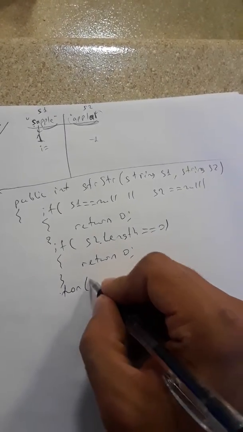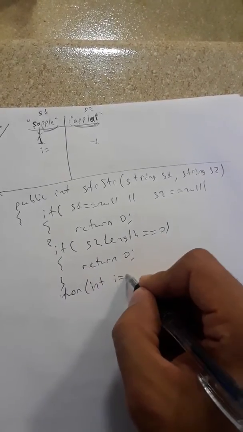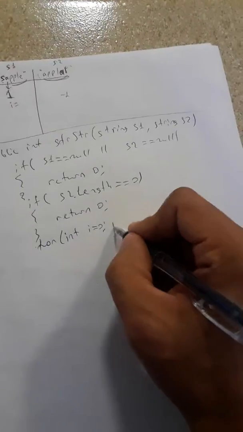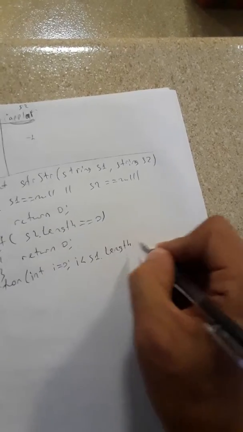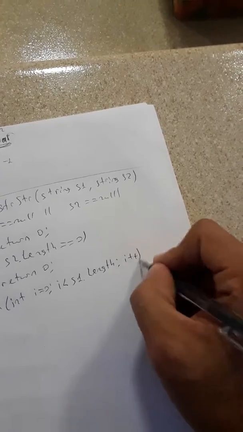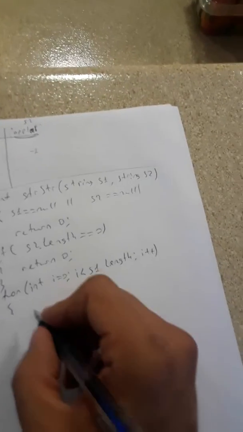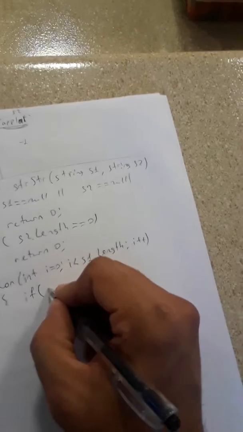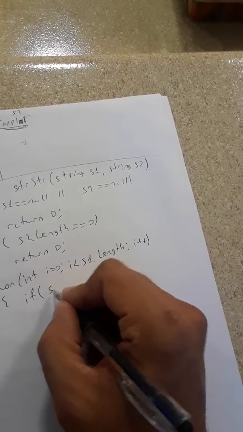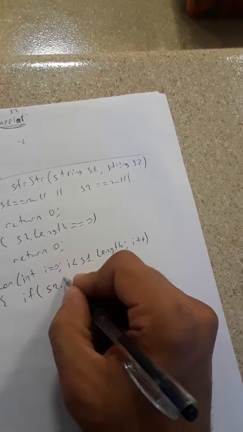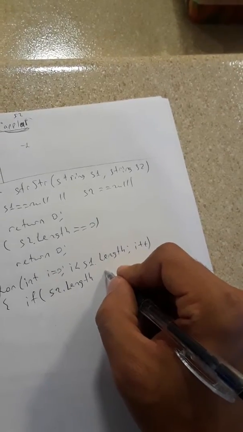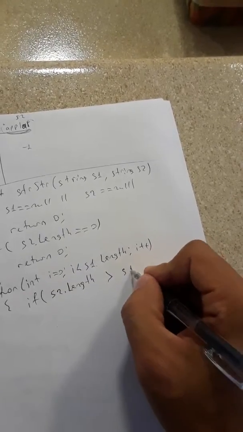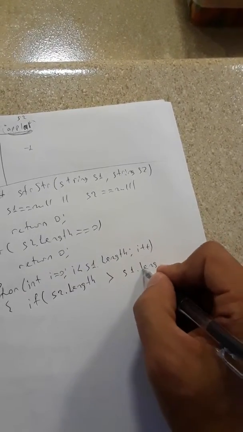After that, we'll initialize a for loop with variable i equal to 0, and it will run through all characters in the first string, and we will check if our second string length is greater than the first string length.